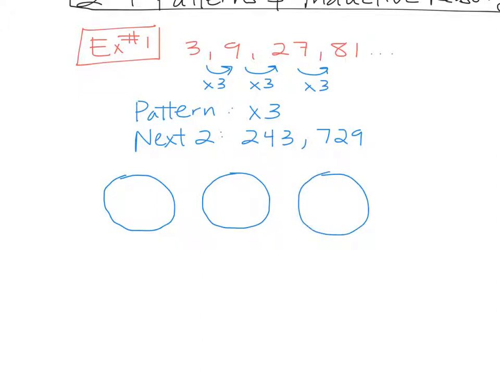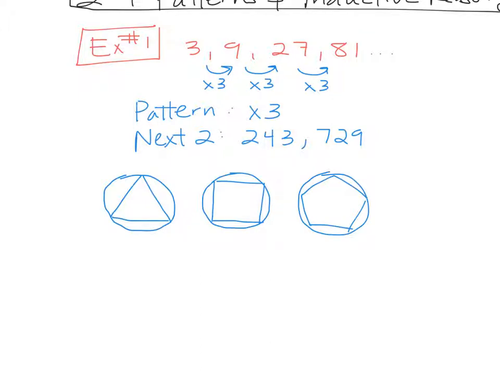Let's say I have this picture, and then this picture, and then this picture. Now, here's where you have to be a little bit creative with how you describe this, because you have to be specific. What is happening to get from the first to the second to the third?